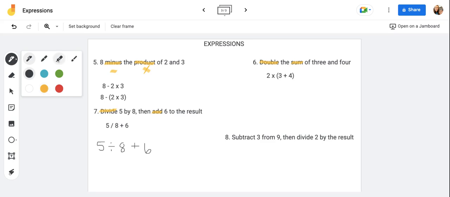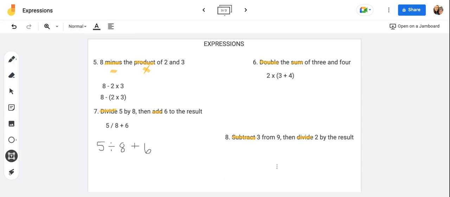In the last problem over here, subtract 3 from 9, then divide 2 by the result. So again, I've got subtract, and I've got the word divide. When I go to solve these problems here, I have to subtract 3 from 9 and then divide 2 by the result of it. So we talked about subtracting from the number beforehand on the second slide that we did.